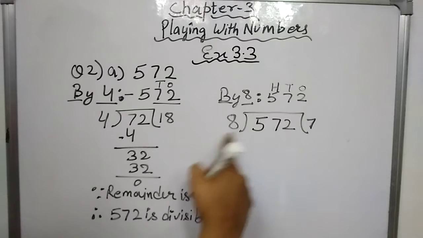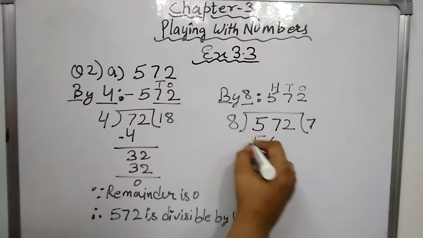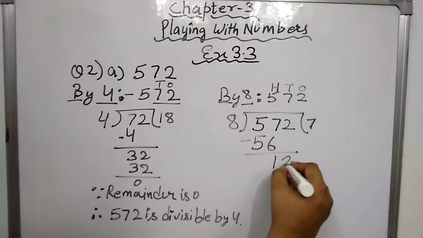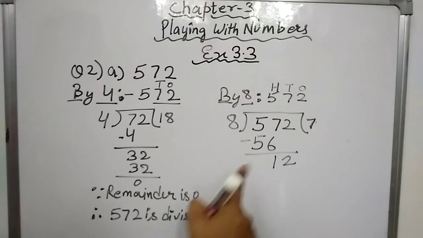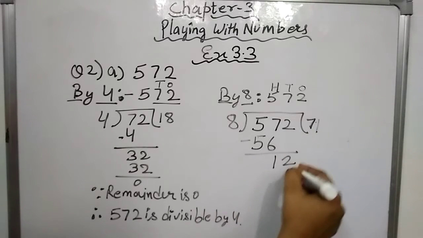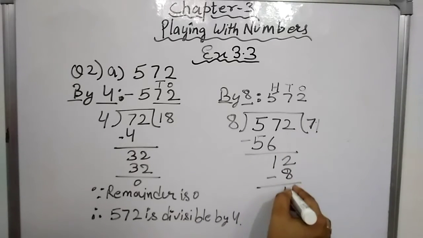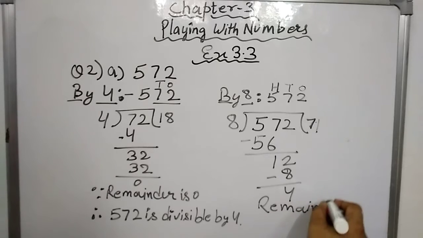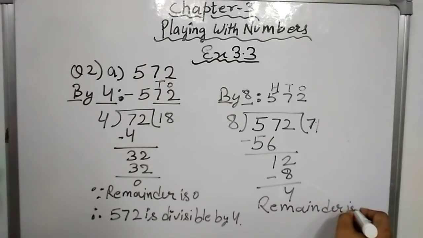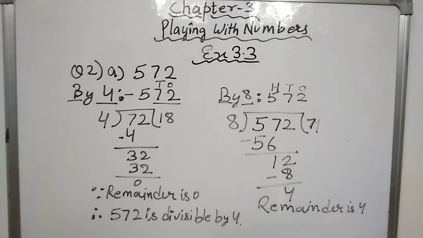On dividing 572 with 8, we get quotient as 7 and remainder as 12. You can divide it further also. Now remainder is 4. No number is said to be divisible by any number until remainder comes 0.